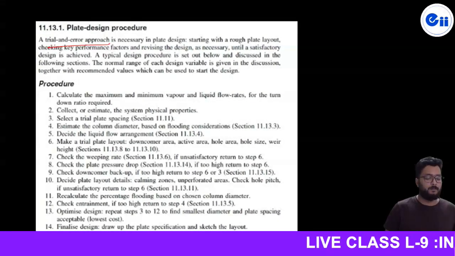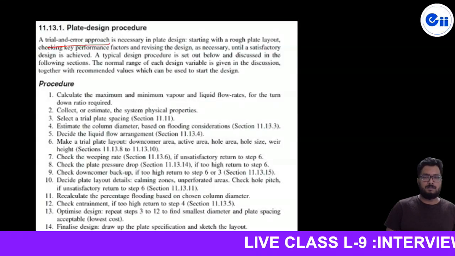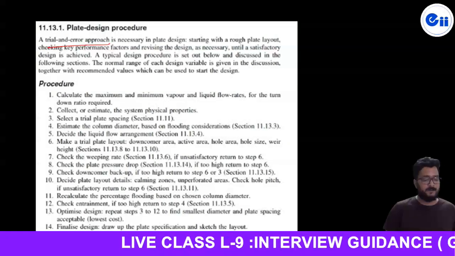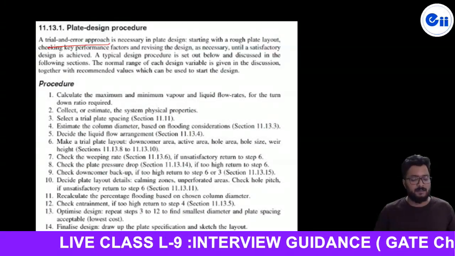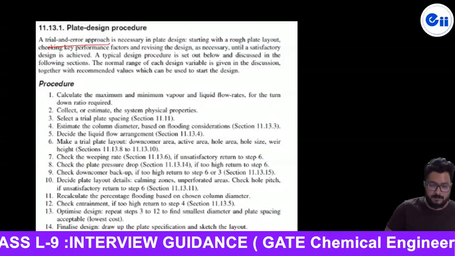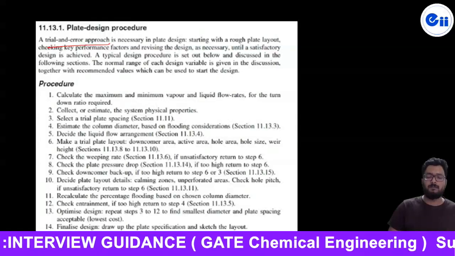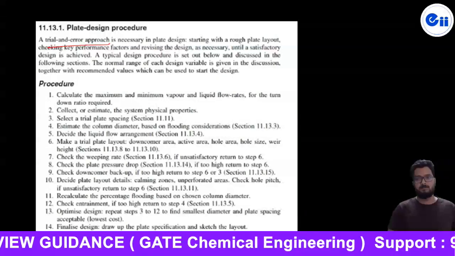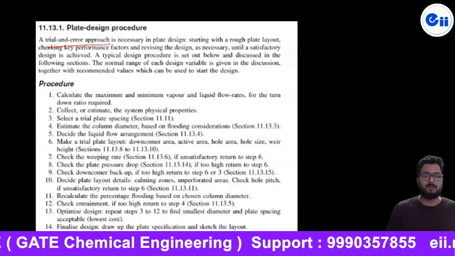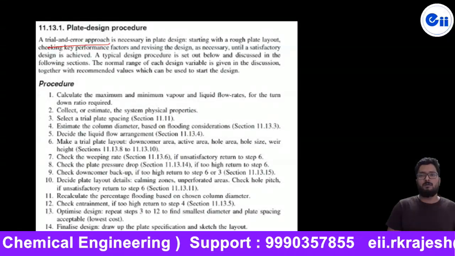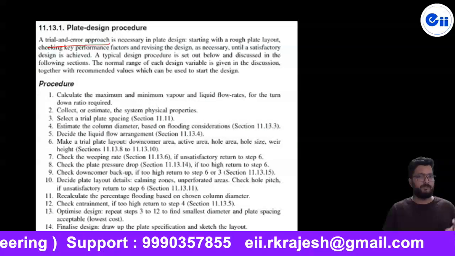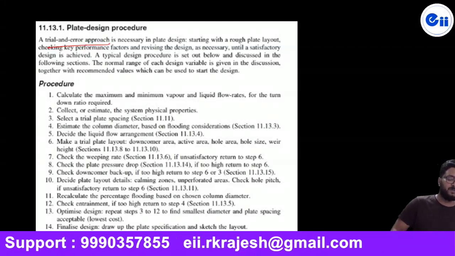A trial and error approach is necessary in plant design, starting with the rough plate layout and checking our key performance factors, and then revising the design if necessary. तो सबसे पहले हम कुछ वैल्यू को एज्यूम करेंगे ट्रायल की तरह पे, और उसके बाद से हम एक प्लेट का लेआउटिंग करेंगे. प्लेट की लेआउटिंग मीन्स what should be the diameter of the plate, what should be the hole diameter, and what should be the number of holes or perforation area, all the things, and what should be the weir height, what should be the weir length, all the things.